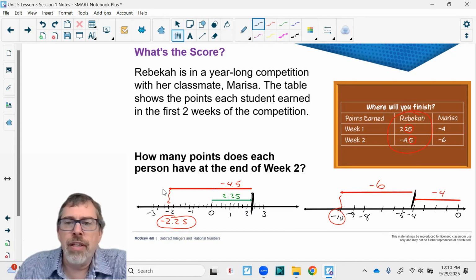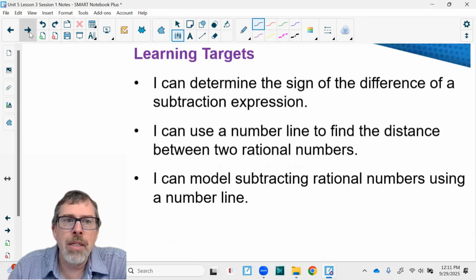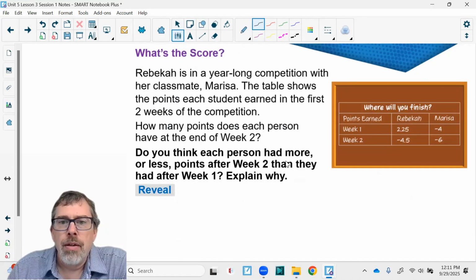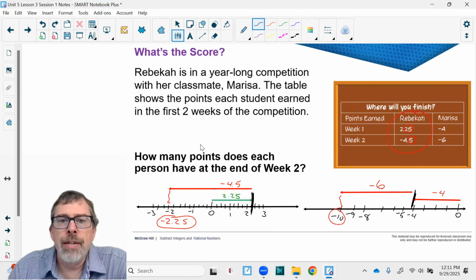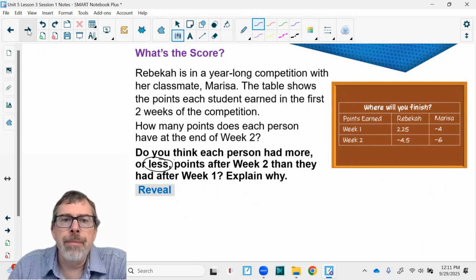If you're to the left, you're less, and if you're to the right, you're more. Well, they were both to the left, so that means they both had less. And the reason why, I basically just stated it. Their second week scores were to the left of their first week scores.